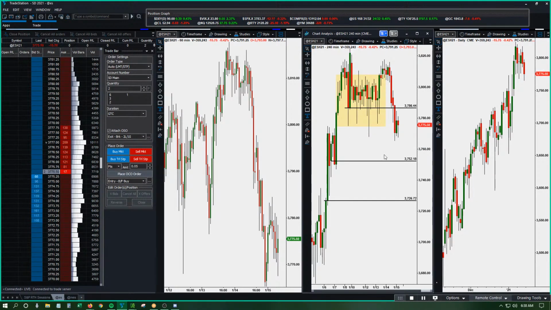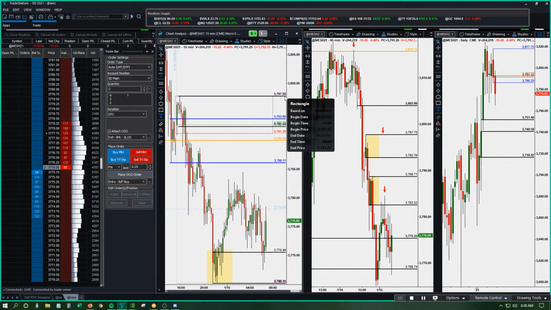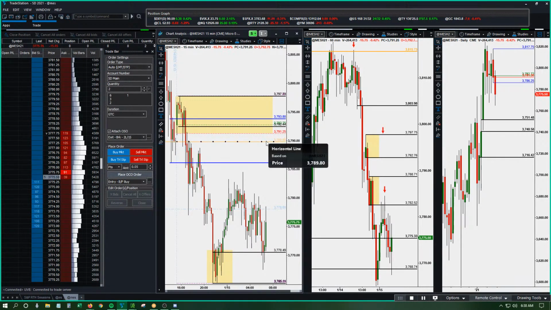So we break down here. If this holds, we'll probably go retest up in here, bigger picture. But in the meantime, we have some shorter term potential day trade opportunities right in here. So let's wait for price to get up in here. We have it alerted. We'll see what happens.